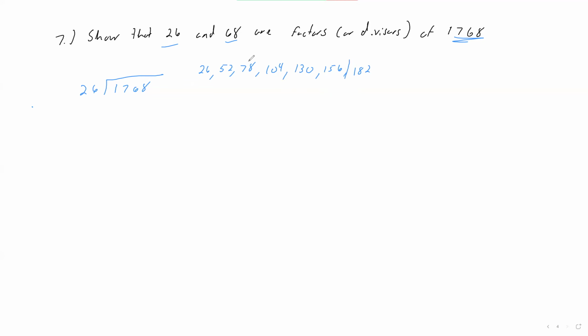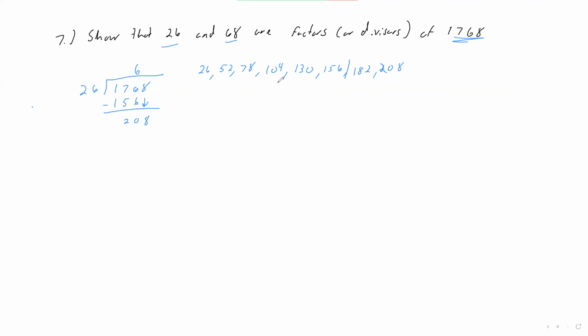So it's 1, 2, 3, 4, 5, 6. 6 times 26 is 156. I can see that that will be 20. Drop down my 8. And then now I have to keep going. So 182 plus 26 is going to be 108. I lied. 208.